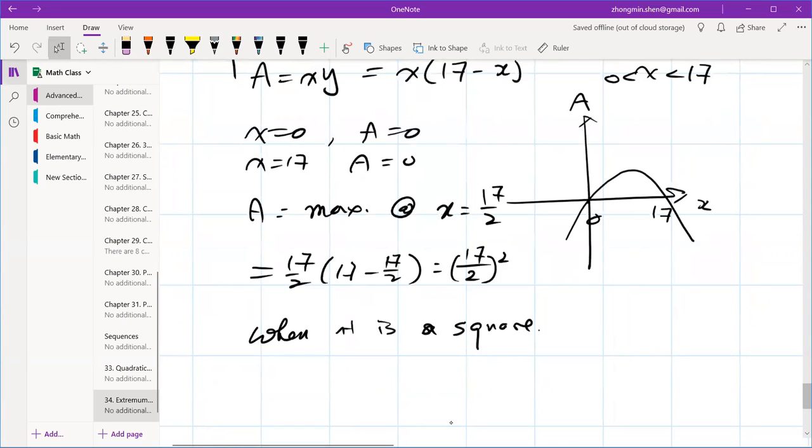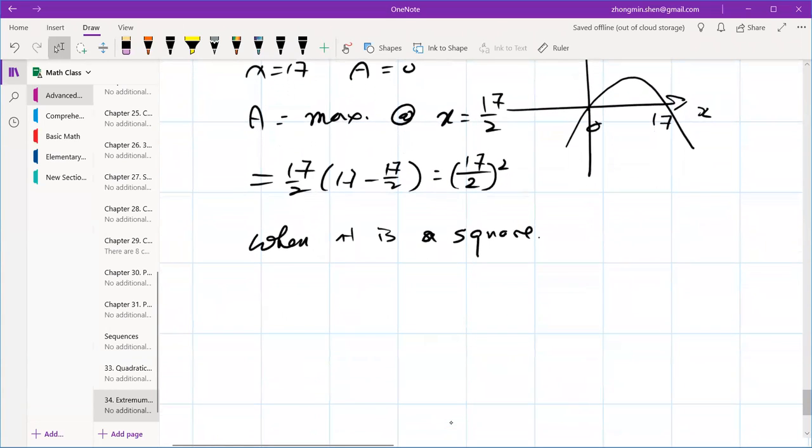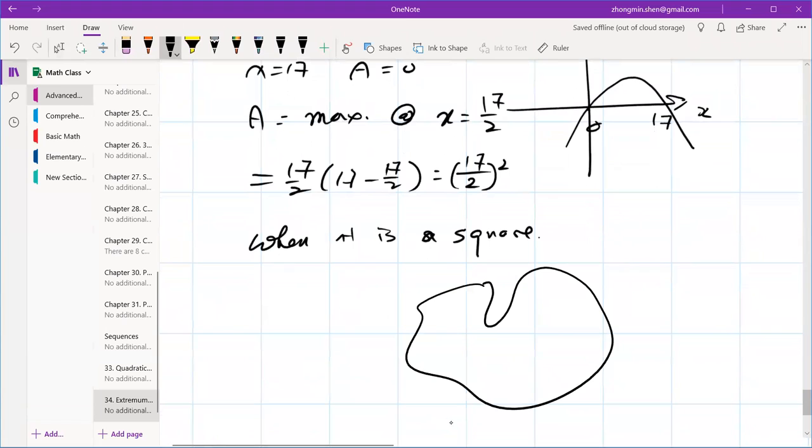Okay, but we have to assume it's a rectangle, among all the rectangles. If we do not assume it is a rectangle, if you have the freedom to change the shape, then the answer will be wrong. So if the perimeter is fixed, what kind of shape of this region has the largest possible area?